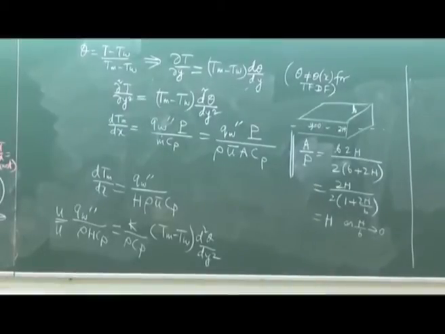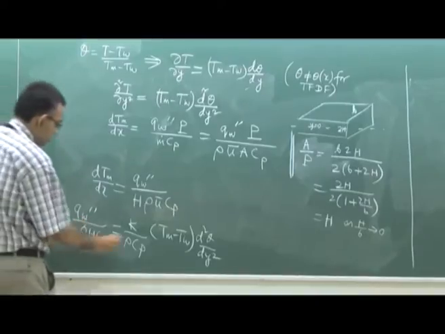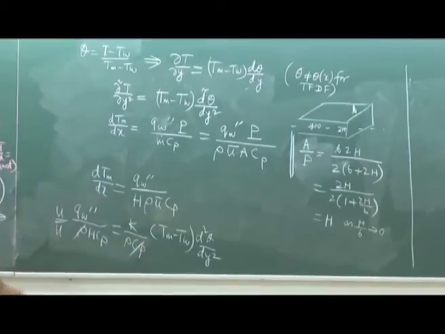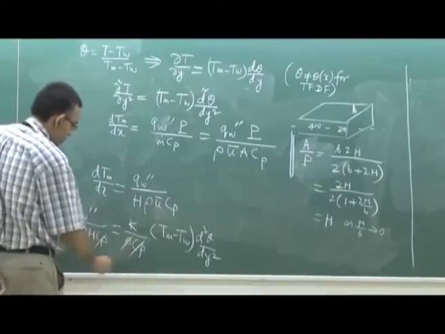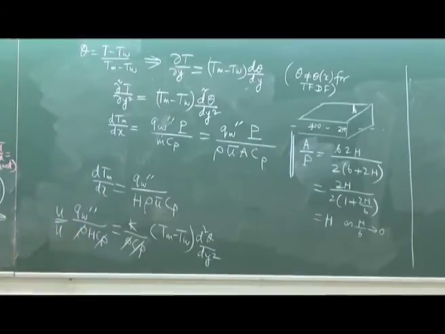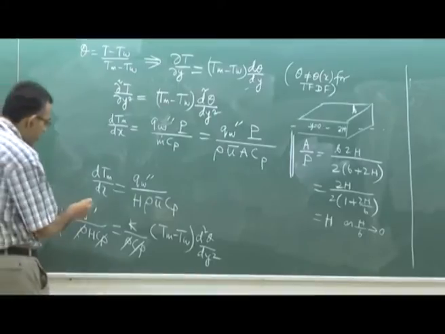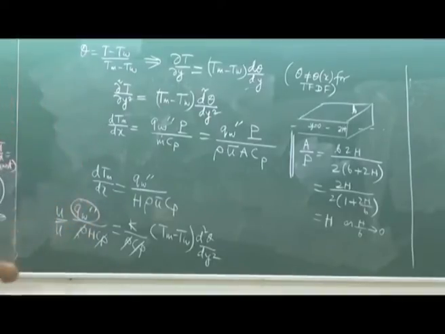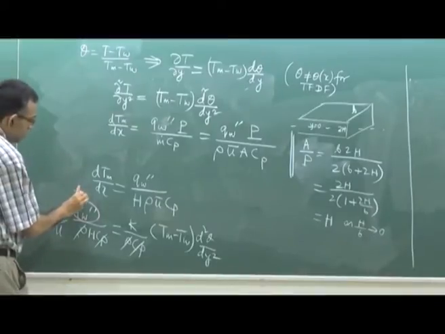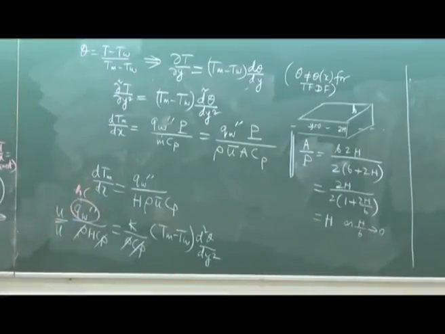So then rho Cp gets cancelled. In place of Q wall what can we write? Q wall is h into T wall minus Tm.